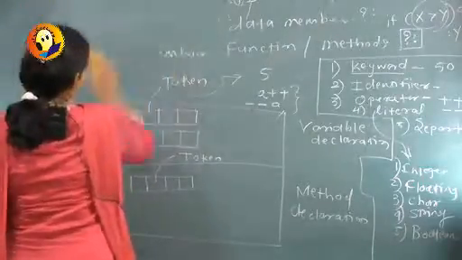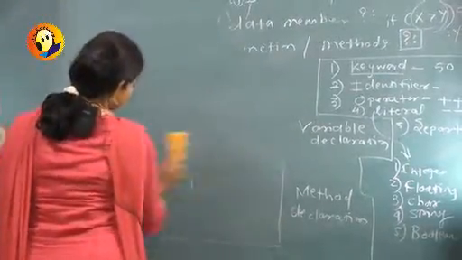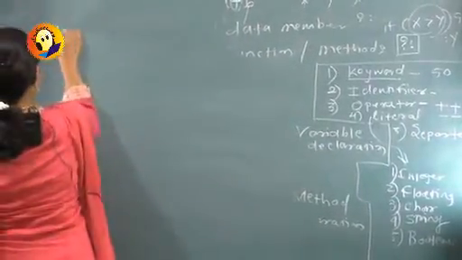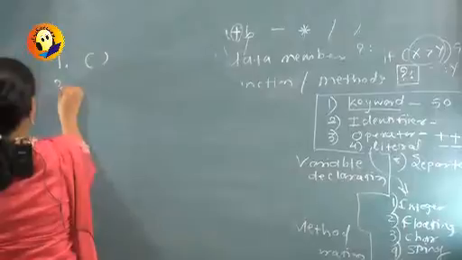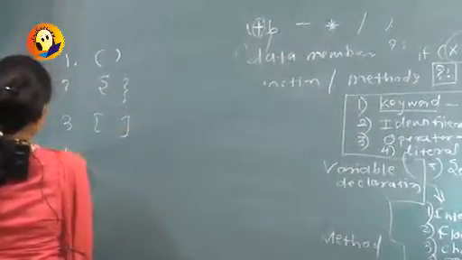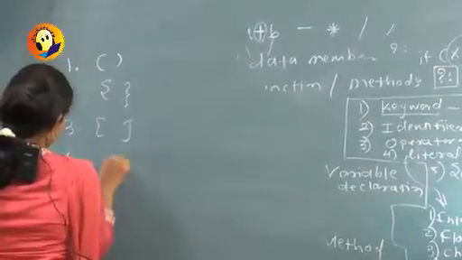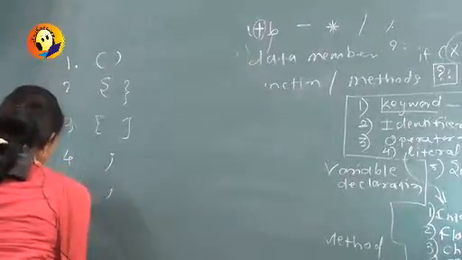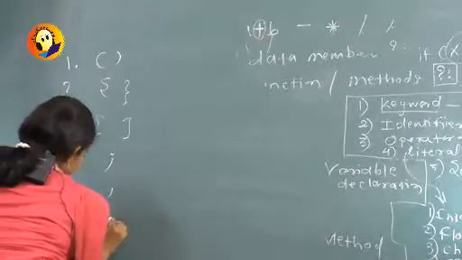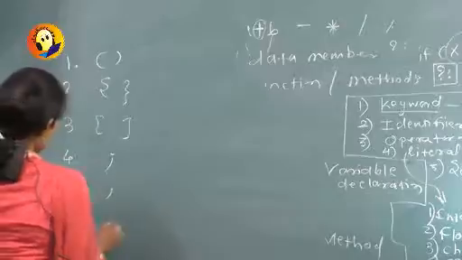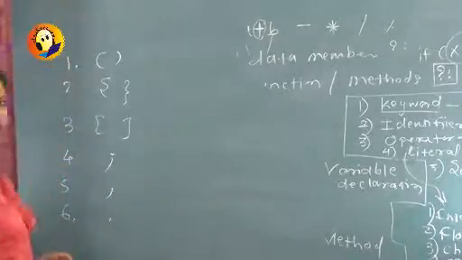The first is round brackets, the second is curly brackets, and then the others, including the comma and the dot. These are the various separators.